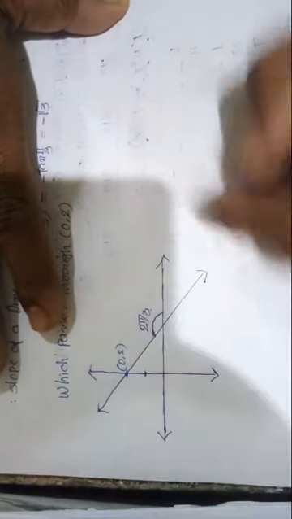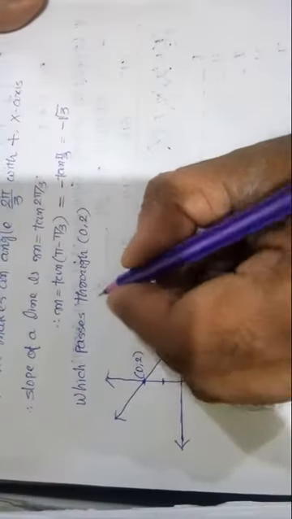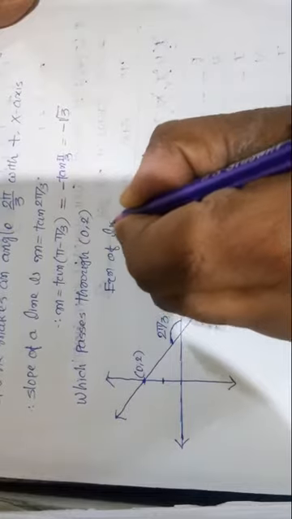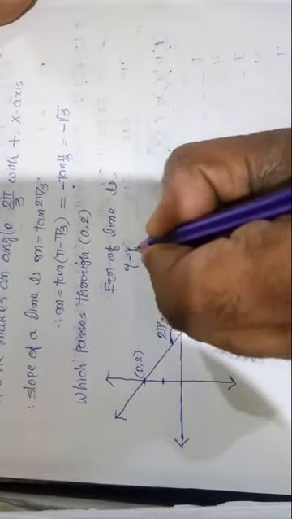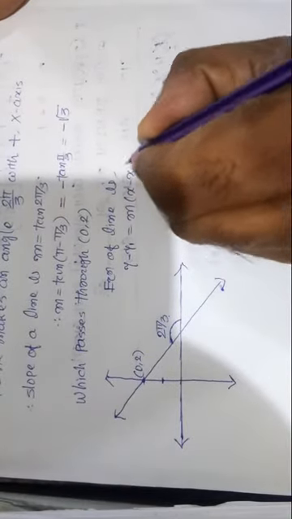So now we know the equation of the line: y - y1 = m(x - x1).